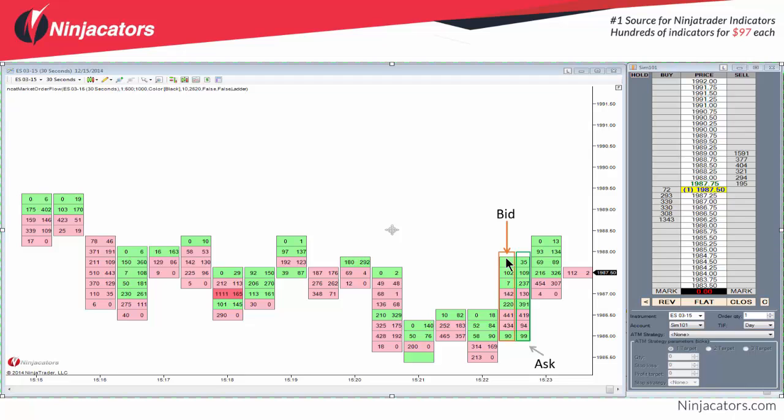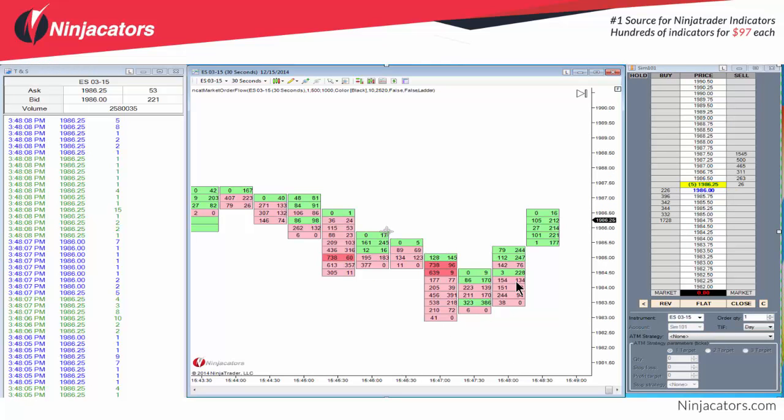That's an aggressive seller. Okay, so the bid side represents aggressive sellers, and the offer side represents aggressive buyers. And we want to be able to measure that aggression. It's extraordinarily important in being able to determine who is doing what, aggressive buyers or aggressive sellers, and who is in control.